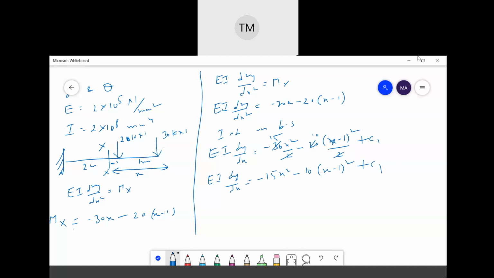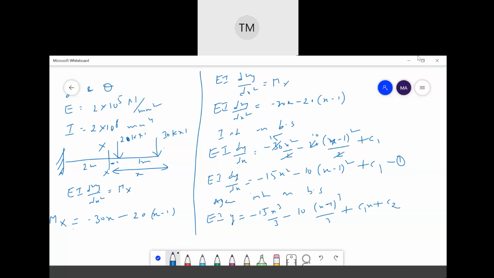Then what will you do? Again you will integrate this one on both sides. What happens? You are considering this as equation 1. EI y is equal to minus 15 into x cube by 3 minus 10 into x minus 1 whole cube by 3 plus c1x plus c2.